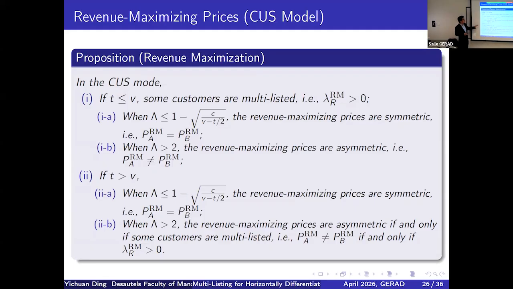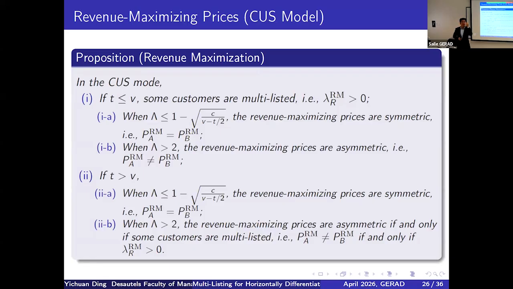And we also show the revenue maximization point is the same as the social optimal, and the revenue maximization prices are also asymmetric. Why is it still the same as the social optimal? Because, from the perspective of how you maximize the revenue, you need to charge money from the customers. How much money can you charge from the customer?